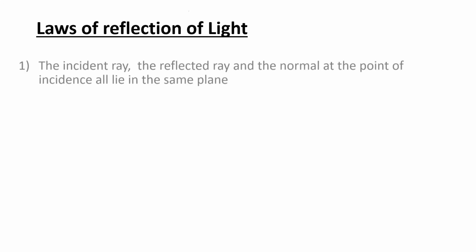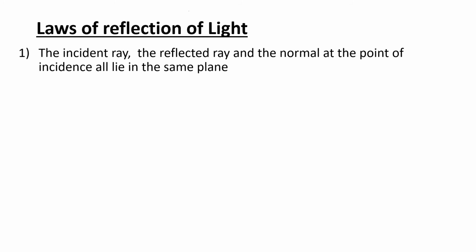Now let us learn the laws of reflection of light. There are two laws. The first law is that the incident ray, the reflected ray, and the normal at the point of incidence all lie in the same plane. As I explained in the previous slide, you know about the incident ray and the reflected ray.